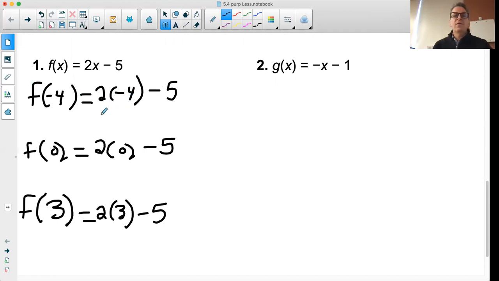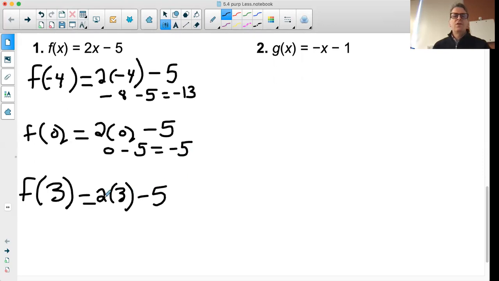2 times -4 is -8, minus 5 equals -13. And that would be your answer for that one. 2 times 0 is 0, minus 5 would equal -5. 2 times 3 is 6, minus 5 is 1.